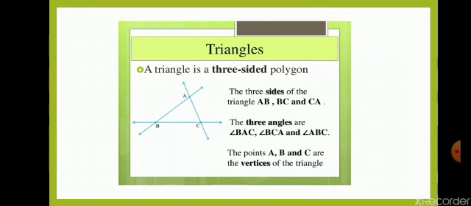Here we take three lines AB, BC and AC. Where they intersect at points A, B, C, we call them the vertices. The three angles are BAC, BCA and angle ABC. The points A, B and C are the vertices of the triangle.